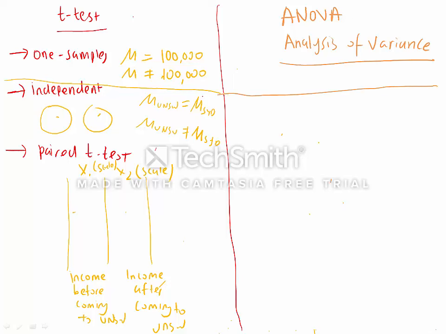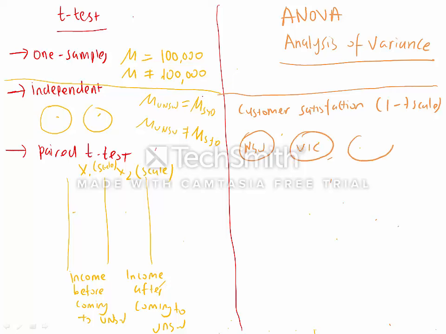So for example, if I'm analyzing customer satisfaction, which is, let's say, on a 1 to 7 scale or Likert scale, and I'm operating in New South Wales, Victoria, Queensland, and Northern Territory.